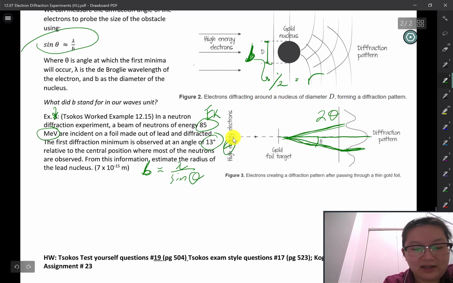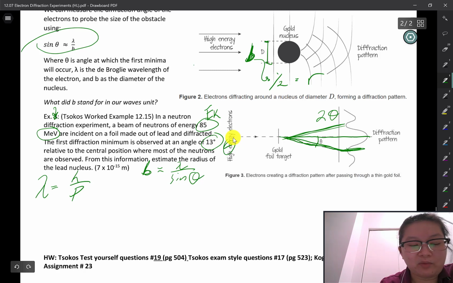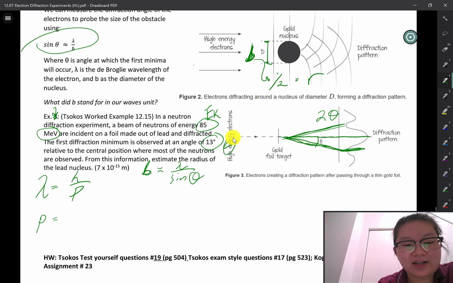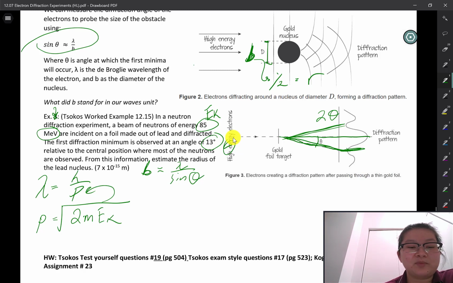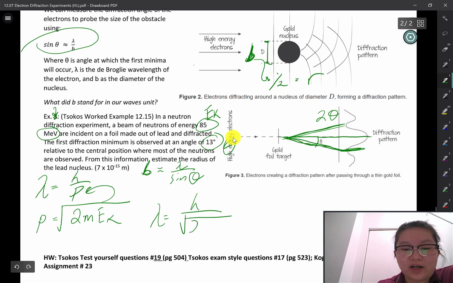Using de Broglie's hypothesis, lambda equals h over p, in which p is the momentum. If we rearrange for kinetic energy, p is the square root of 2 m E k. Substituting that into the wavelength, we get the de Broglie wavelength of these neutrons as h over the square root of 2 times the mass of the neutron times its kinetic energy.